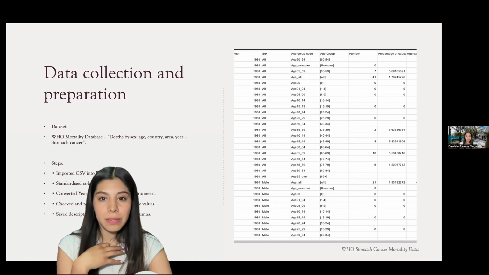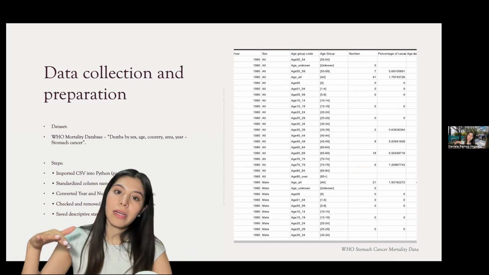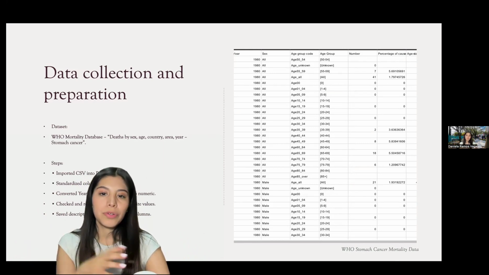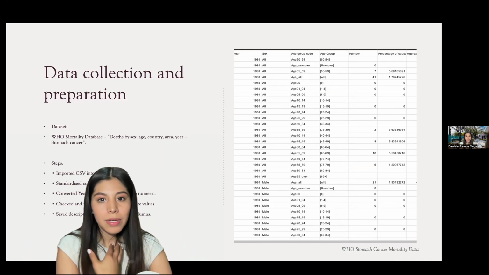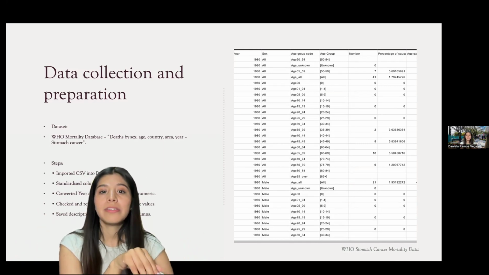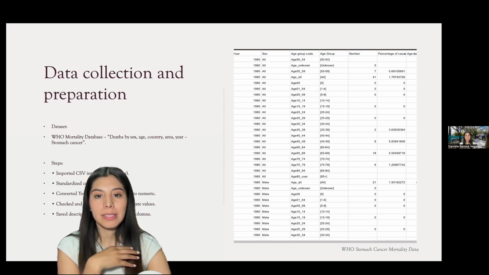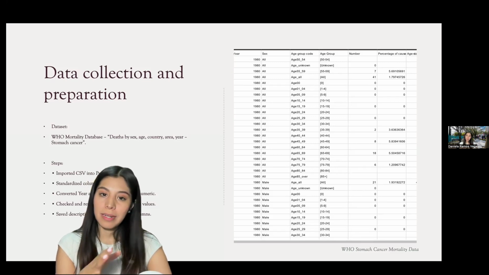It includes information on the number of deaths caused by stomach cancer, organized by country, year, sex, and age group. Since the database was already clean and structured, I focused on exploring and summarizing the information rather than performing data cleaning tasks.